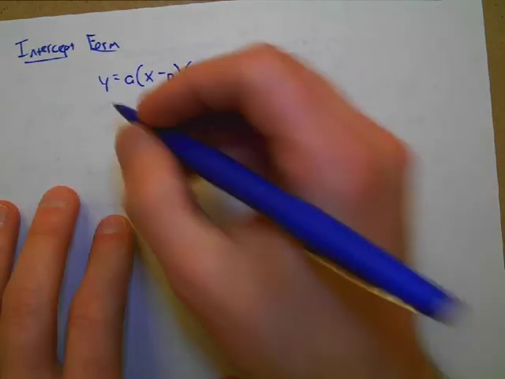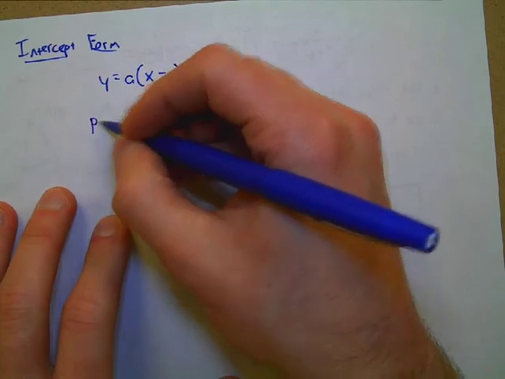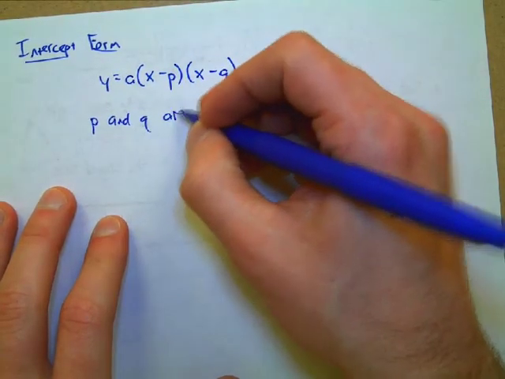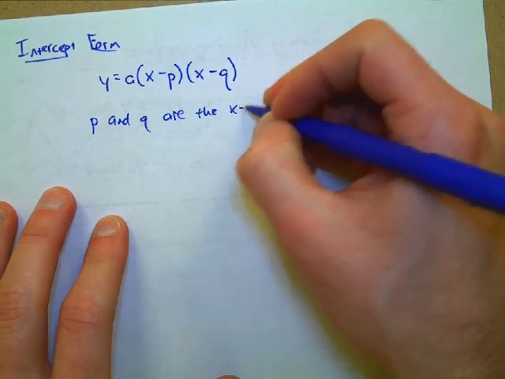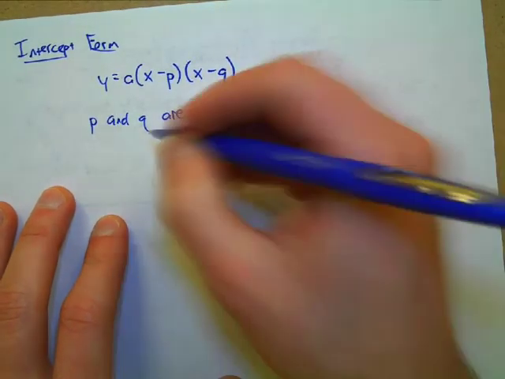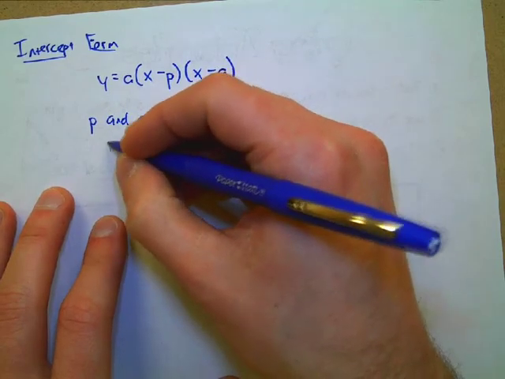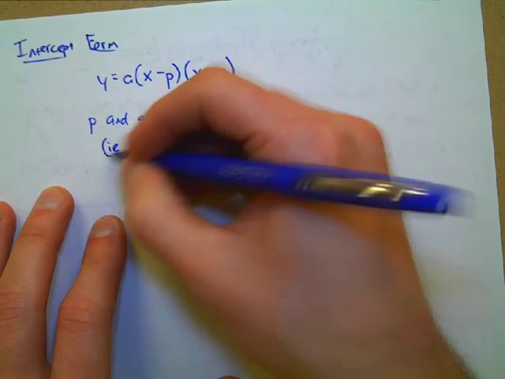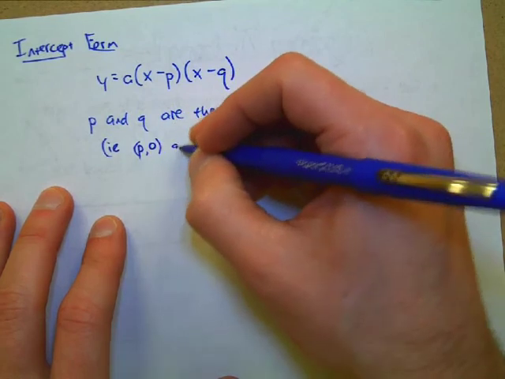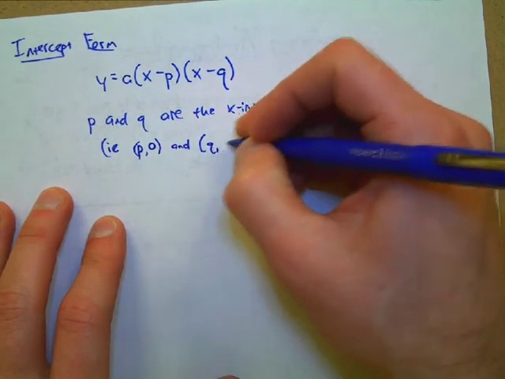It is a quadratic that's in the form y equals a times (x minus p) times (x minus q). Okay. In this case, p and q are the x-intercepts of the graph.